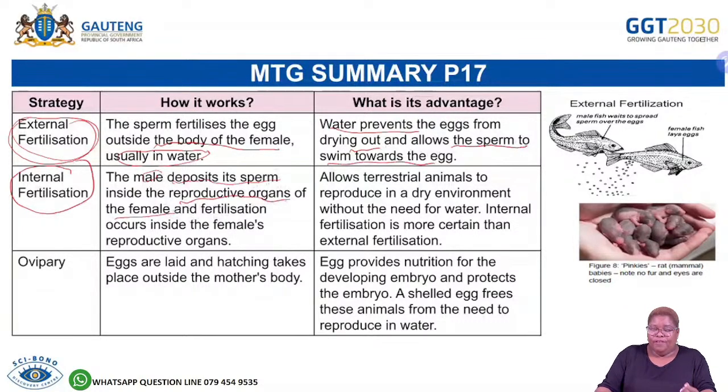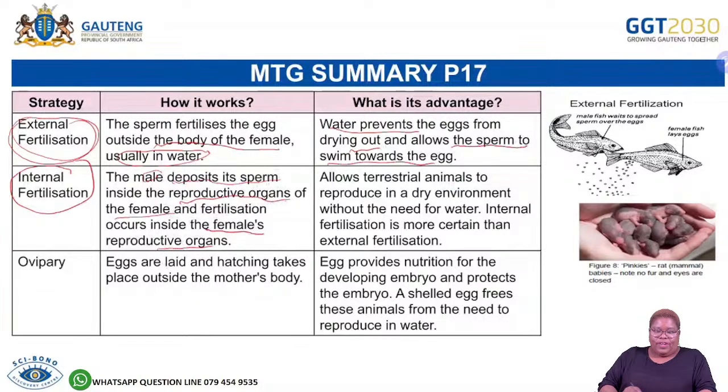So we say fertilization takes place or it occurs inside the female's reproductive organ. We will learn later on when we'll be doing human reproduction where exactly internal fertilization takes place when we look at human beings, for an example, right? So later on we will learn where exactly does it take place.